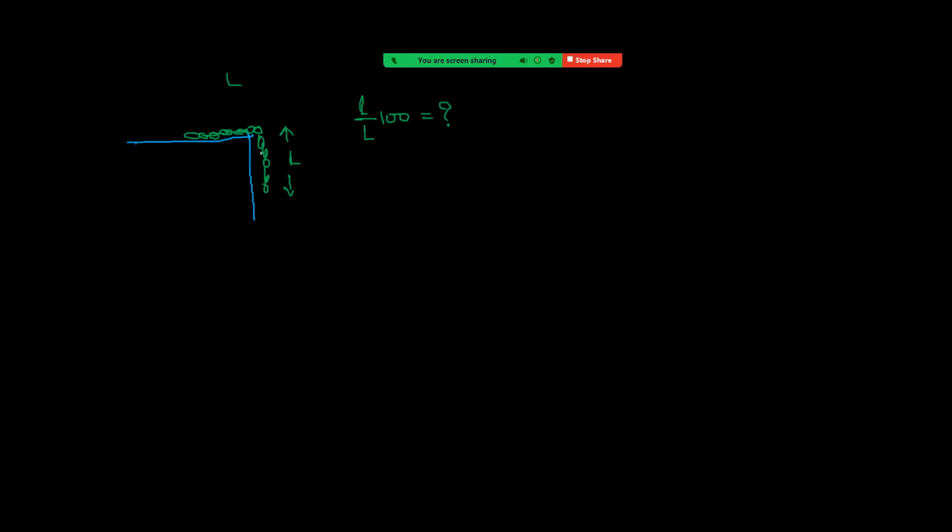So see here, when chain is in equilibrium, we have to observe that weight of the hanging part is balanced by which force? Okay, I am repeating. We have to focus that weight of the hanging part of the chain is balanced by which force, right? So here you can see frictional force between the part of the chain on the table and table.